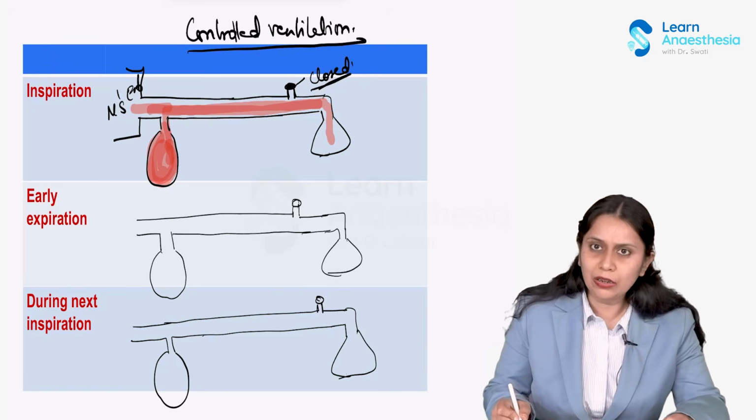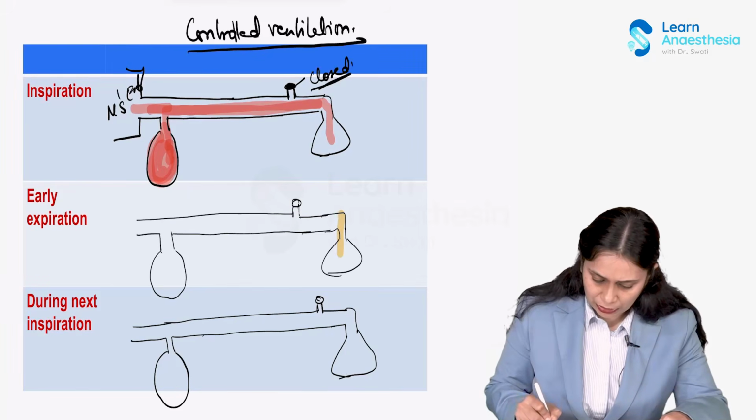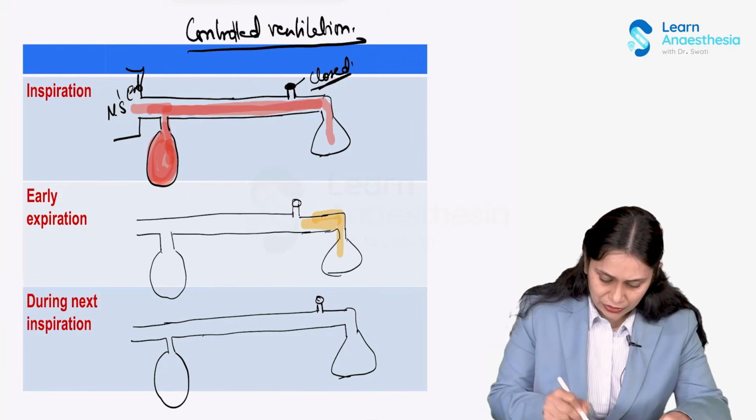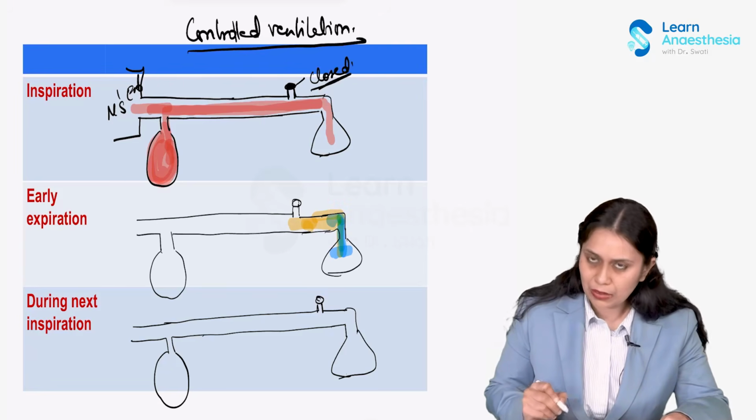Now the patient goes into the expiratory phase. So the expiratory gas would start coming into the circuit. The patient will start exhaling the expiratory gas into the circuit, right? So with this expiratory gas, the bag is collapsed and the valve is closed.